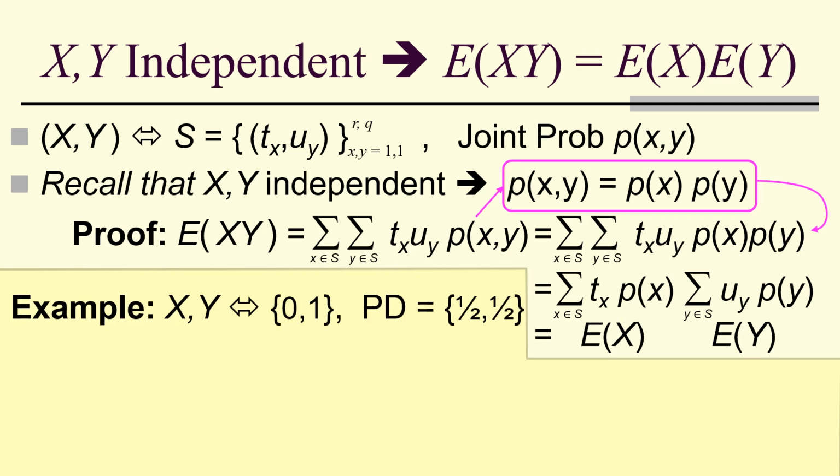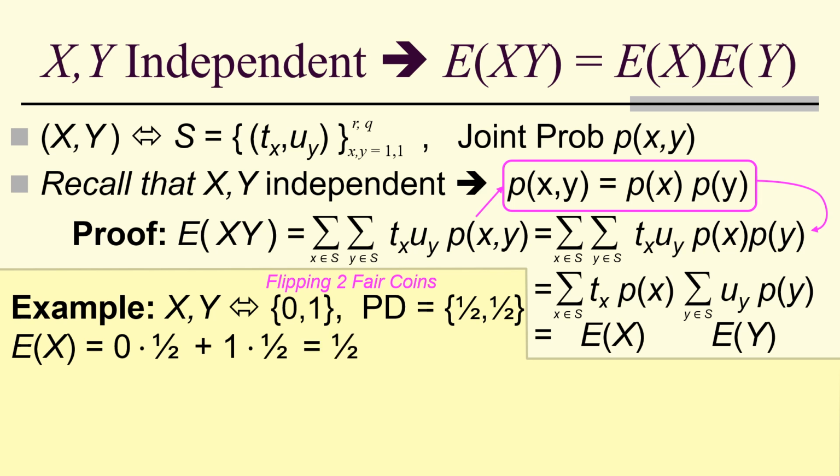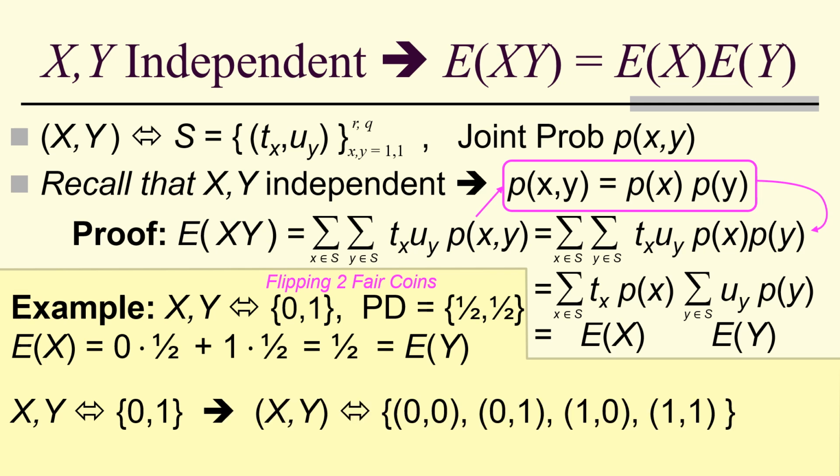For example, suppose x and y are associated with 0, 1, and half probability for both. In other words, we're flipping two fair coins. The expected value is a half for x, and the expected value is a half for y. If I've got x and y in 0, 1, then the pairs xy are 0, 0, 0, 1, 1, 0, and 1, 1.